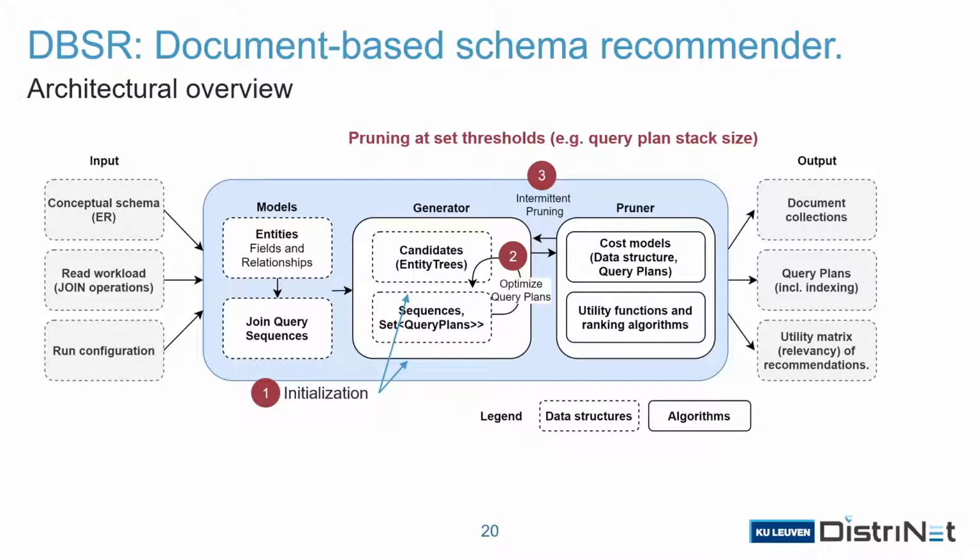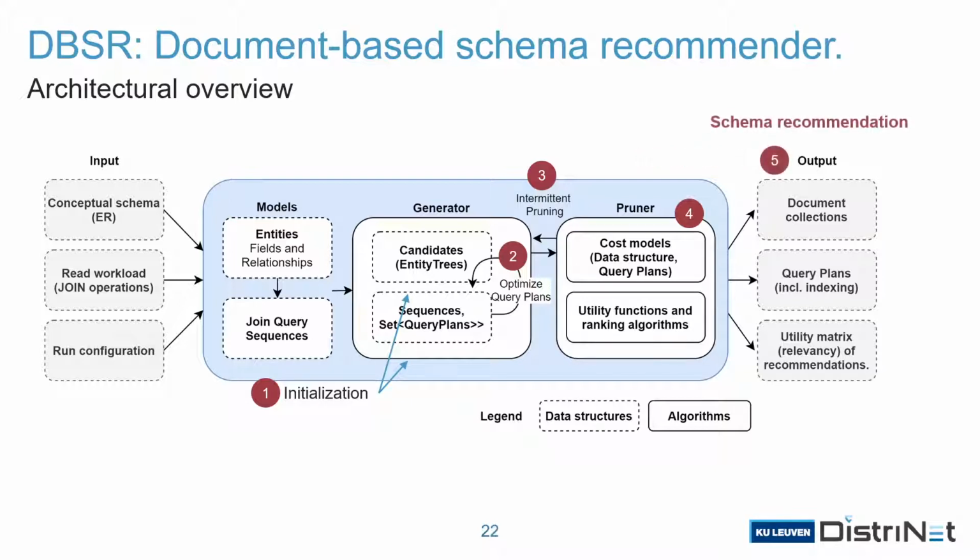So we will have intermittent pruning, and eventually we will apply final pruning. This final step will, for example, look at how many document collections are actually desired, or is there a limit? Say 10 documents, tables, or collections, where we will then prune the remaining ones, the least effective ones, till we have achieved that subset of 10 ideal document candidates.